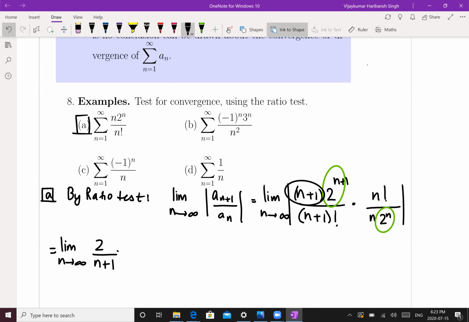So this is going to be simply 2, so this got cancelled with that. So we have simply 2 by n, right? And the limit as n goes to infinity of that is what? That is 0.